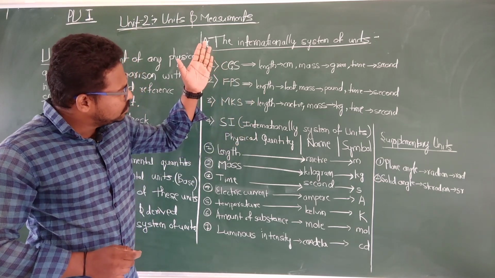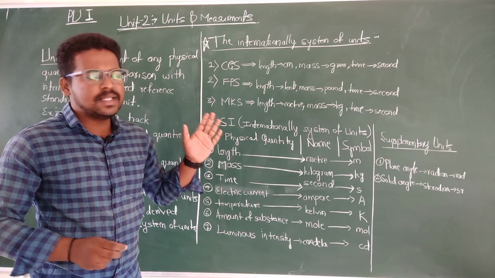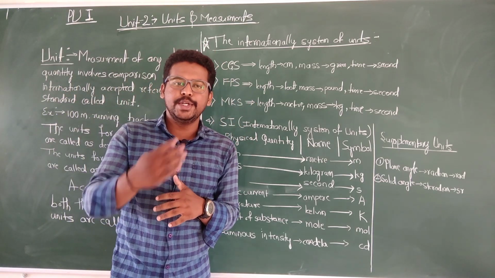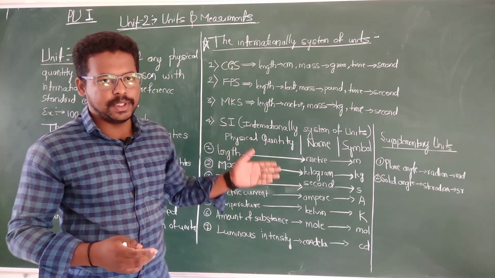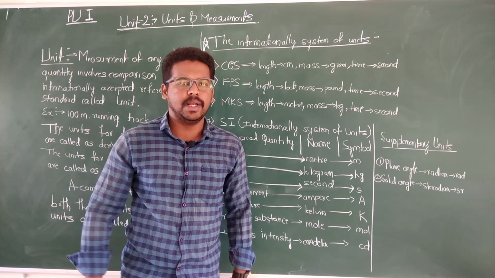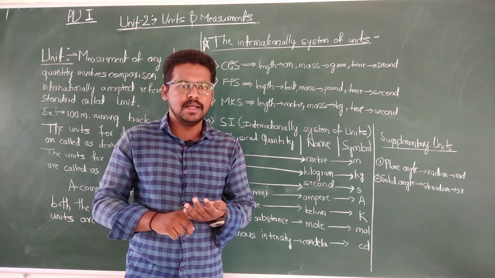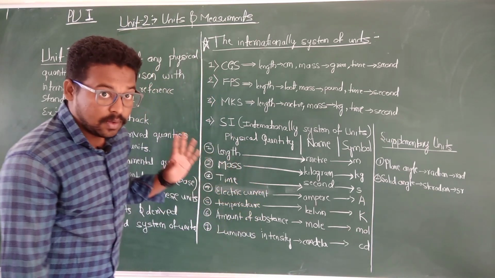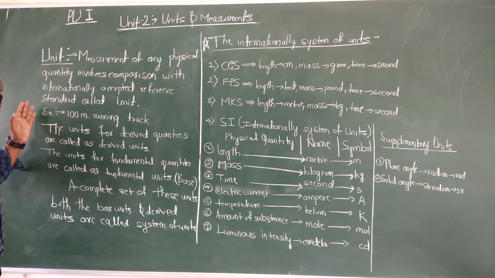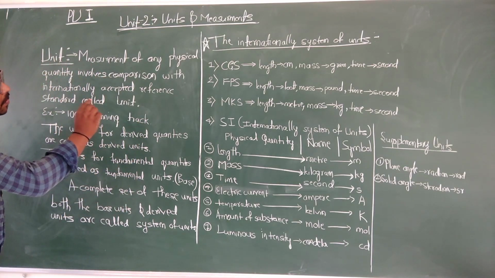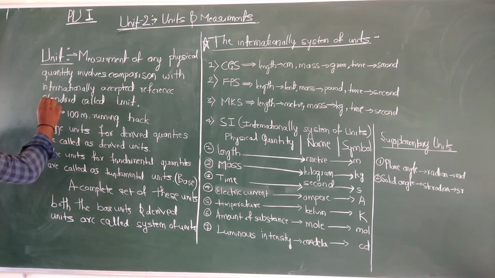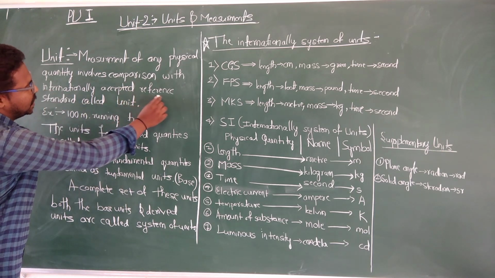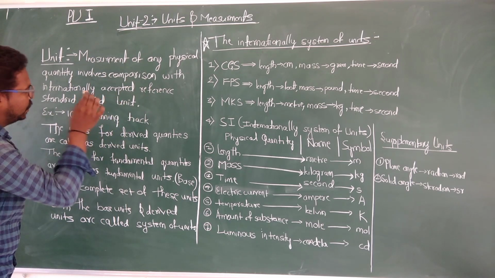What is the length of this board? Can we compare the magnitude? If the length of this board is 1 meter, then 1 is the magnitude value and meter, m, is the unit. Now see the definition of the unit. Measurement of any physical quantity involves comparison with an internationally accepted reference standard called unit.